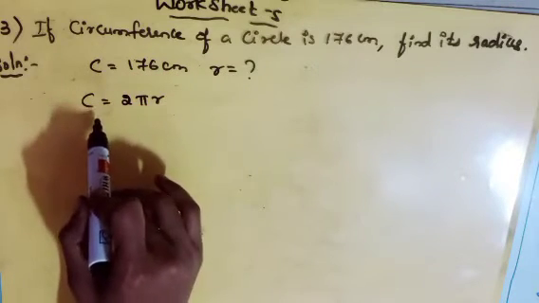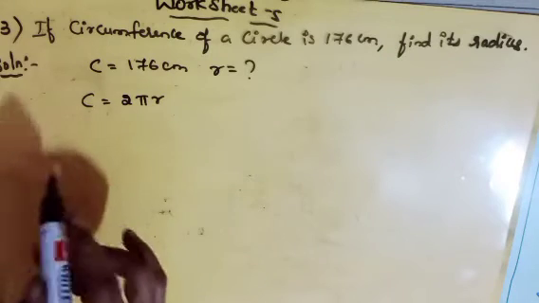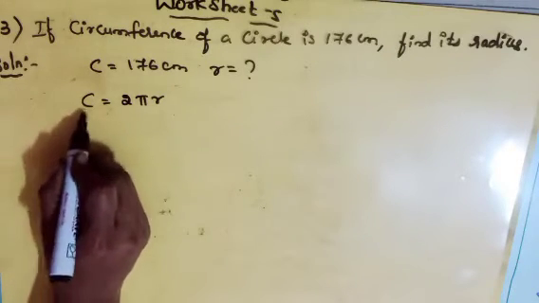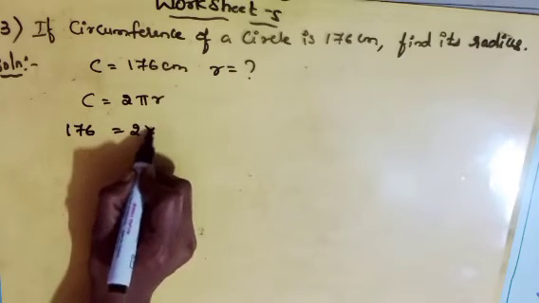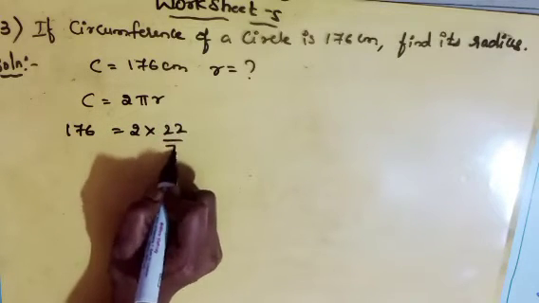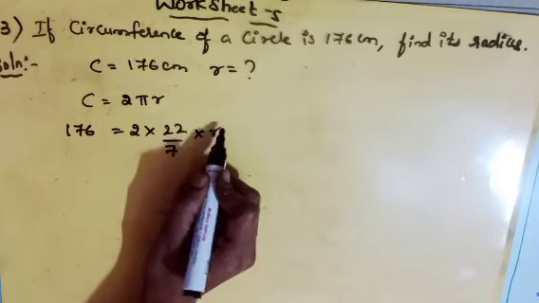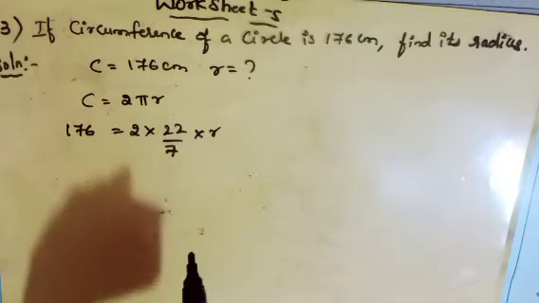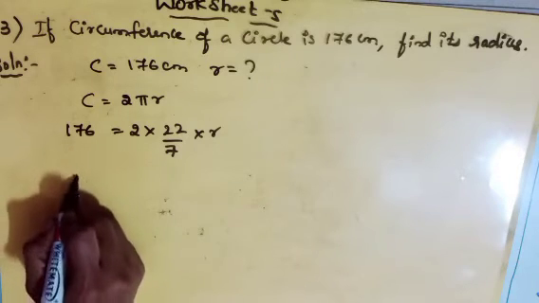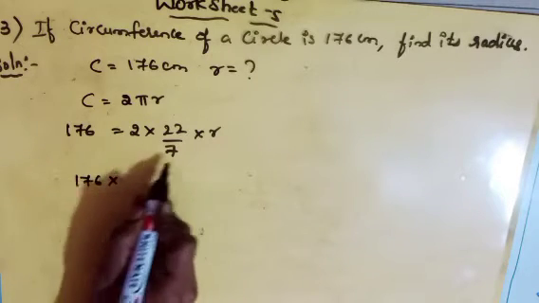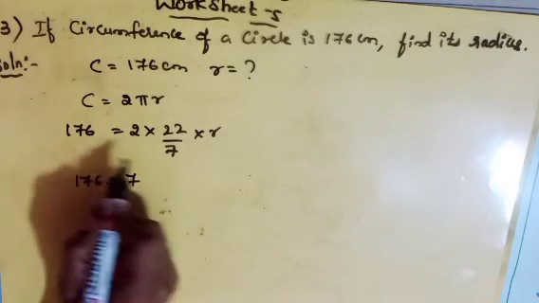The formula is C equals 2 pi r. So let us write the given. C equals 176 centimeter, and 2 as it is, and the value of pi is 22/7 into r. So we have to find the value of r, that means the radius. Next, 176 into 7, cross multiply.